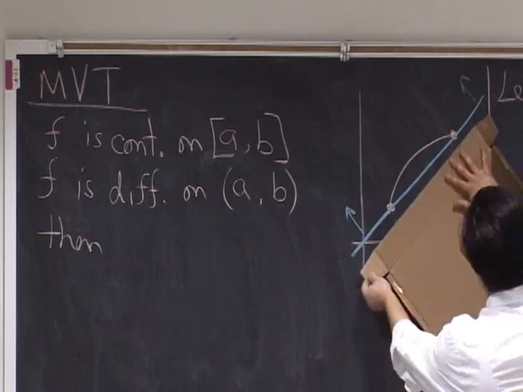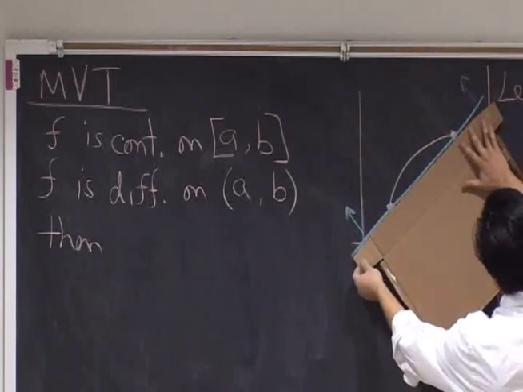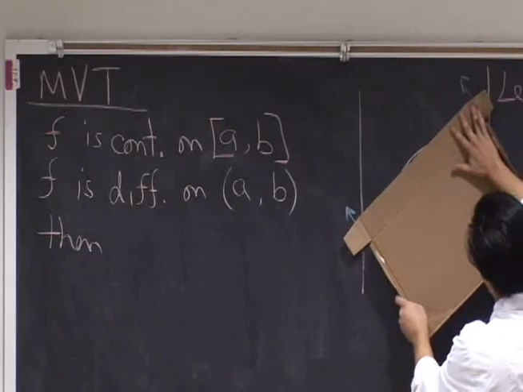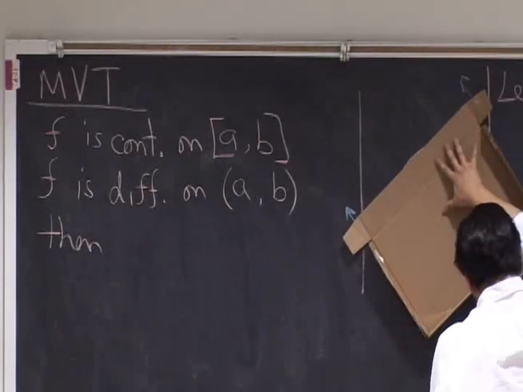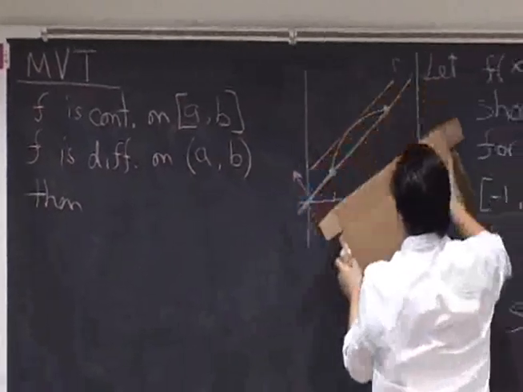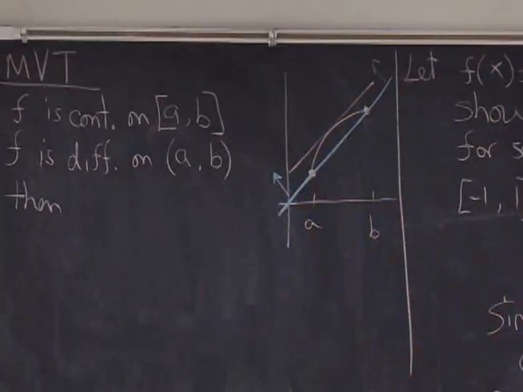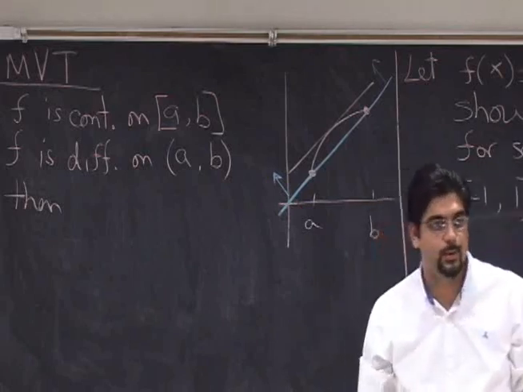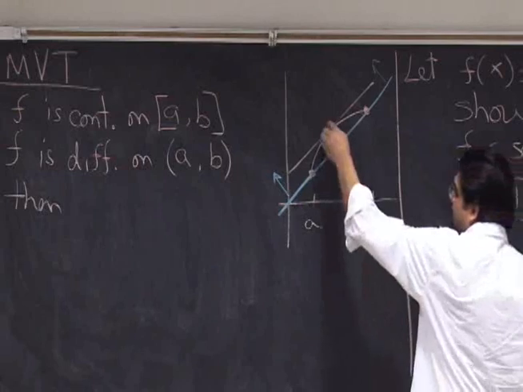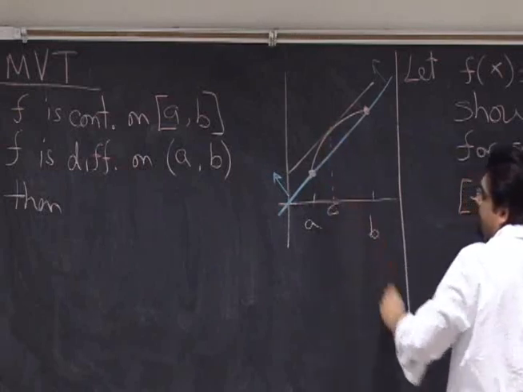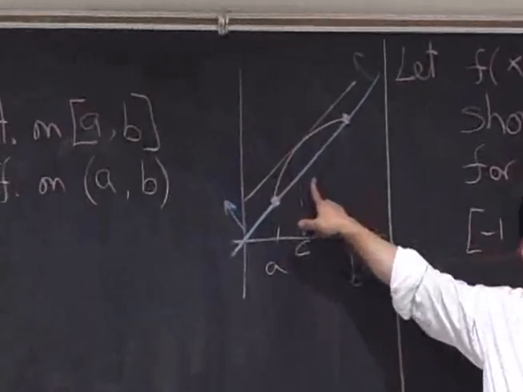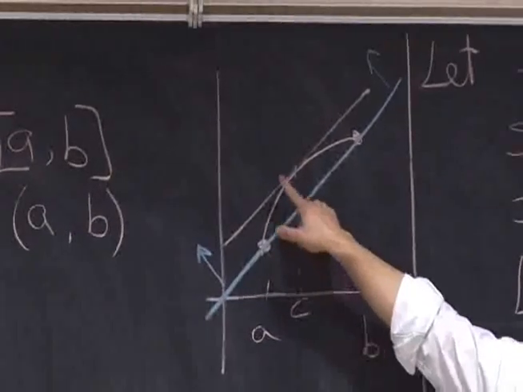If you just move this in the direction of the arrows that I pointed out, until that line becomes a tangent, tangent lines have very intimate relationships with derivatives. What is so special about the slope of that tangent line? It's equal to the slope of the secant line, right? Does that make sense? Yes.